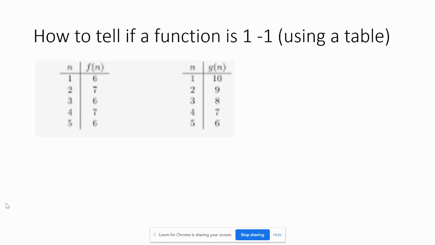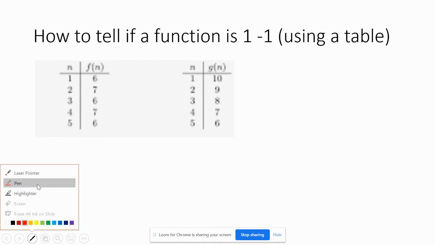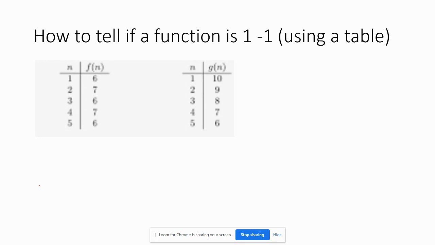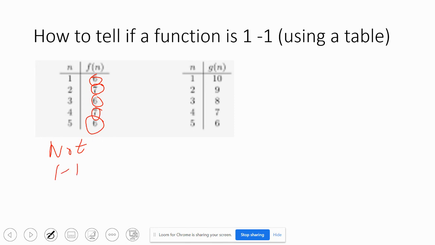Okay, so how to tell if a function is one-to-one using a table. Like when you're looking for a function, you look to see repeats in the first column. Well, when it's one-to-one, you look to see repeats in the second column. So in this first example, we have two 7s, and we also have three 6s. So this is for sure not one-to-one because there are repeats in the range.